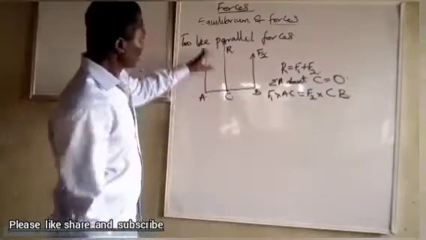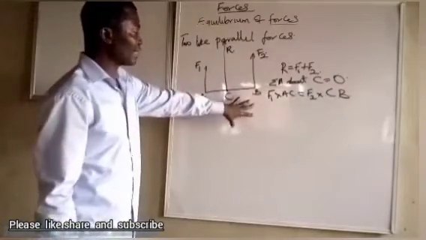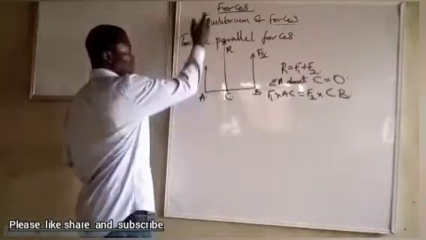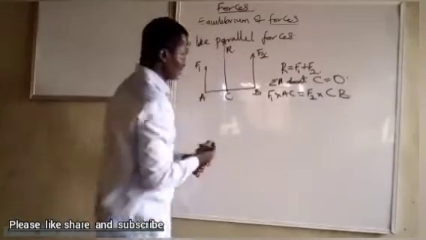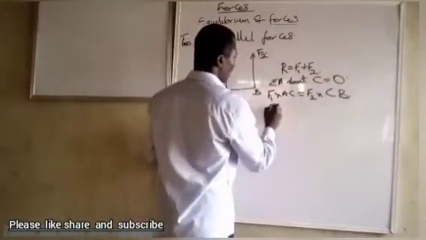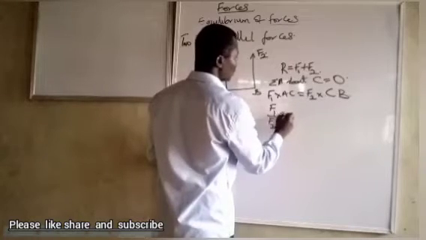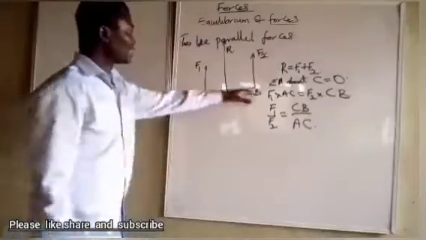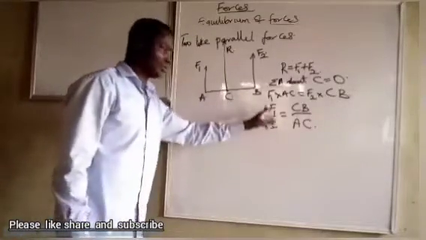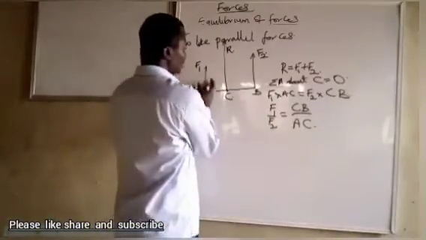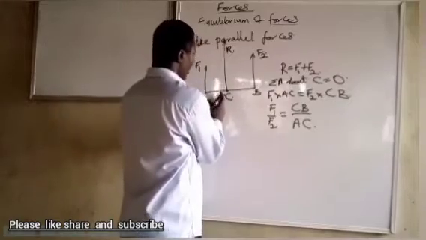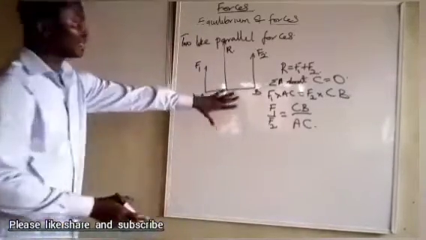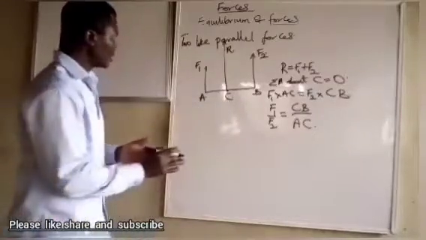If you look at this, the moment will be 0 about C. So this one is clockwise, this one is anti-clockwise. So what do we have now? F1 over F2 will be equal to CB over AC, which means that the distance will be inversely proportional to the forces. So if F1 is higher, it means AC will be smaller than CB. You understand? So that's just a simple way of getting the point at which they will act.